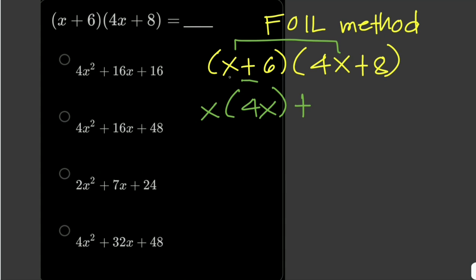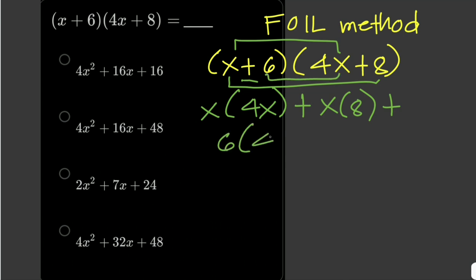the product of the outside terms. So that would be x times 8, then plus this one, 6 and 4x, so that would be 6 times 4x, plus the last one, that would be 6 times 8.